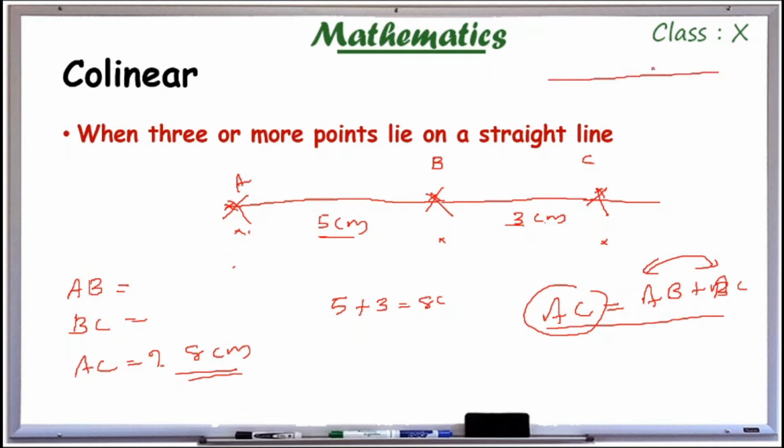Suppose P, Q, R. If we can write PR is equal to PQ plus QR, then P, Q and R are in the same line. Or we can say that P, Q and R are collinear.